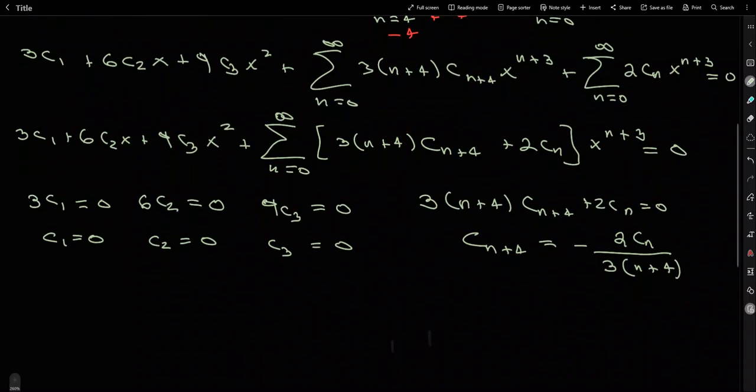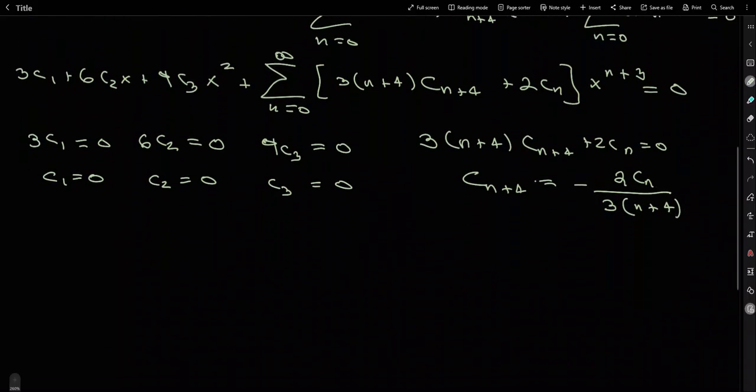All right, so this recurrence relation is telling us something very important: the recurrence relation skips by 4 units. In other words, each coefficient will only depend on the one 4 indices earlier. That also means the coefficients will split into 4 independent chains.